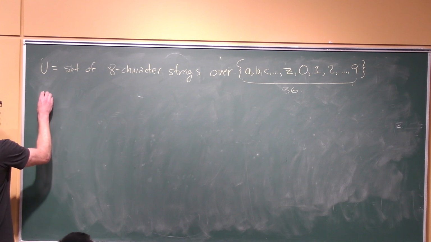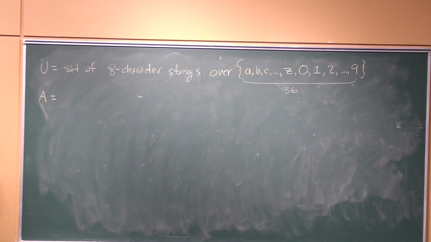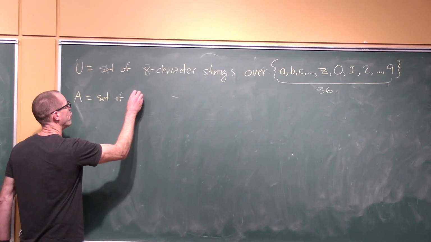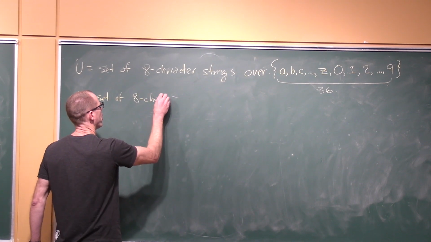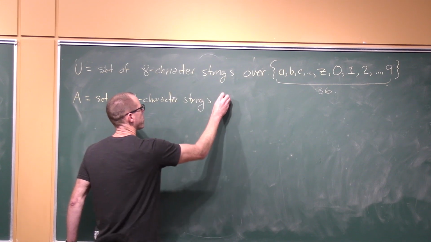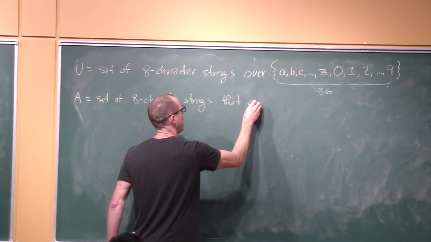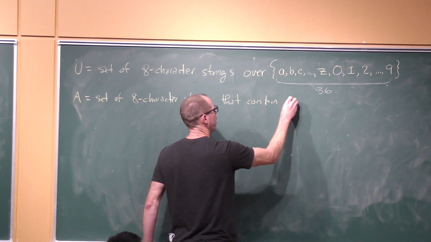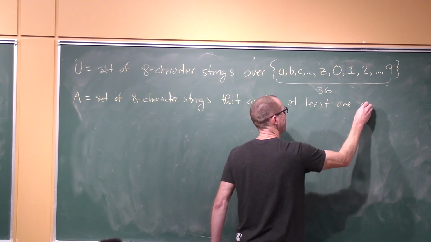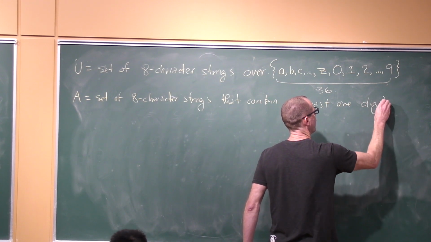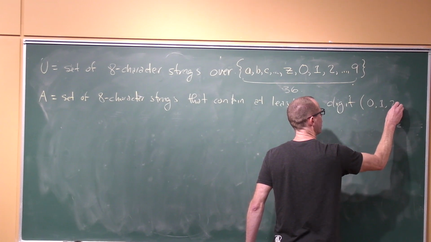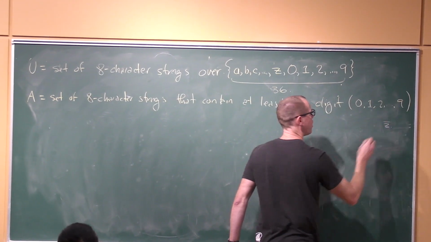And we'll have a set A whose size we want to know, which is the set of 8-character strings that contain at least one digit. And digit here is one of these integers, 0 through 9.